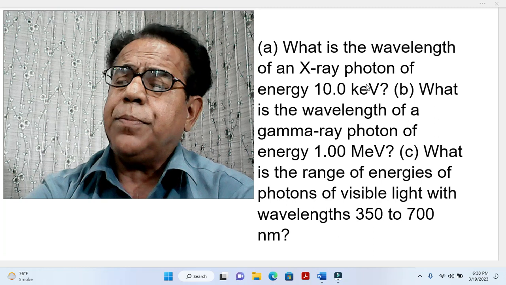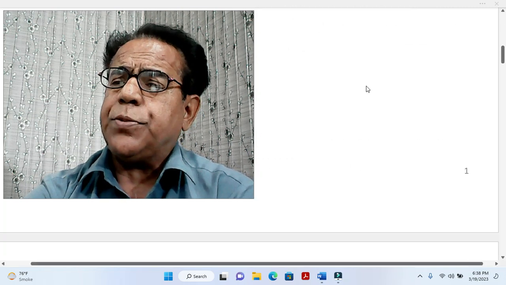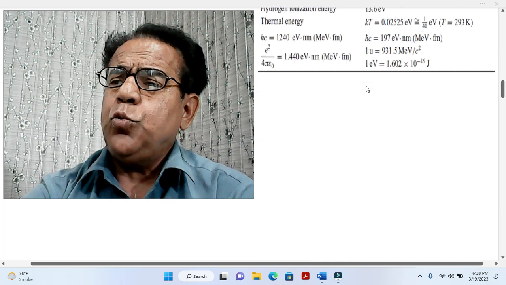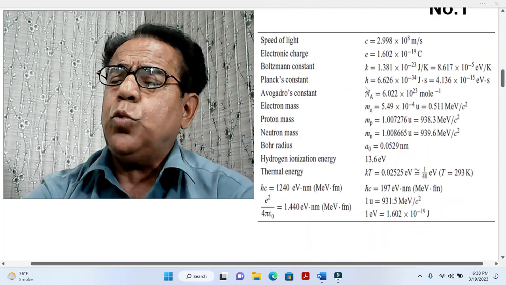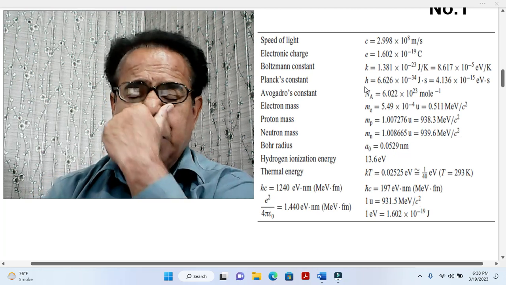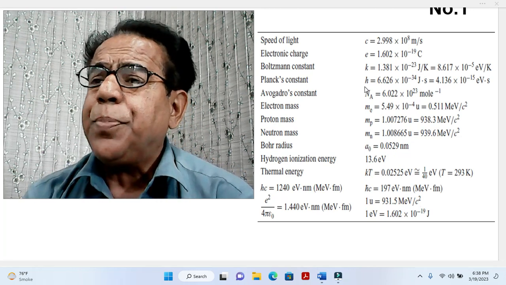Now we come towards the helping tools. This is the first helping tool. This is a table. Dear students, in this table speed of light is also given.